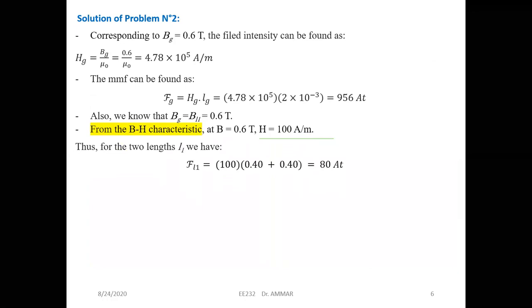So let's now find the MMF of this piece L1. Since we have found H, the field intensity, from the BH characteristic, FL1 equals HL1 times the length of L1.